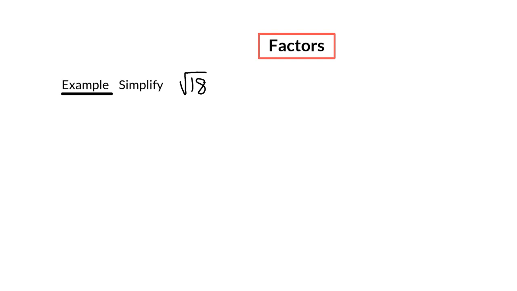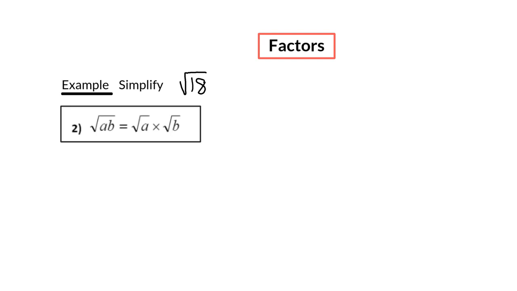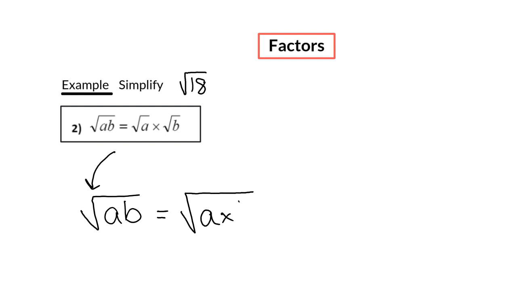Before we tackle this exact question, a little reminder of rule 2, like I'd mentioned before. Rule 2 was the square root of a times b equals the square root of a times the square root of b. To be a little clearer, what that means is we want to take this square root of ab and first split that into the individual values.